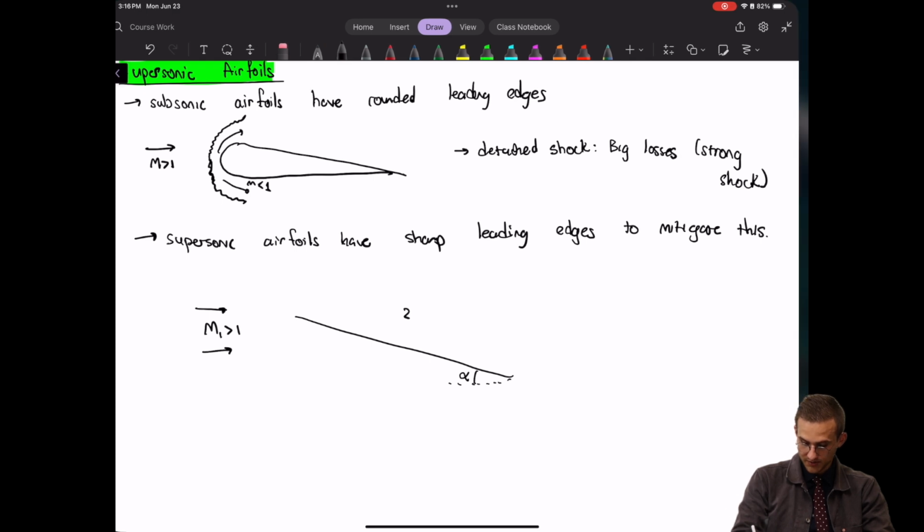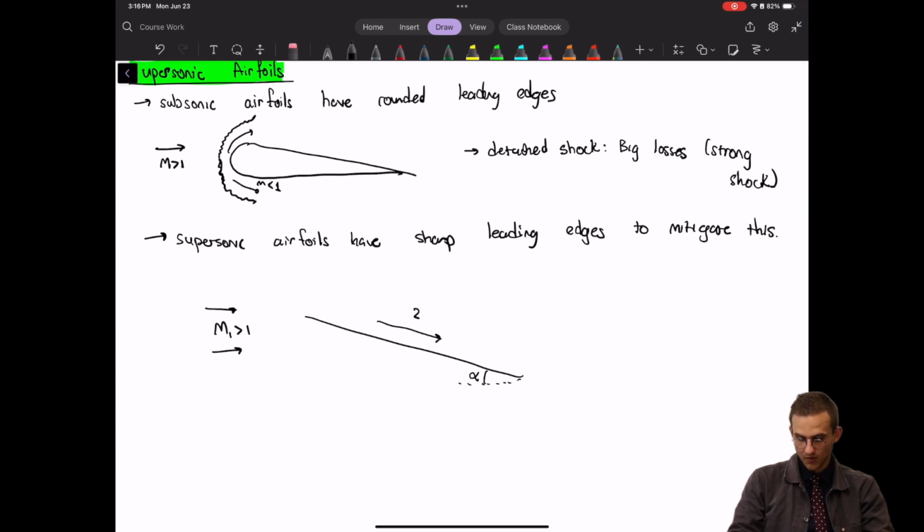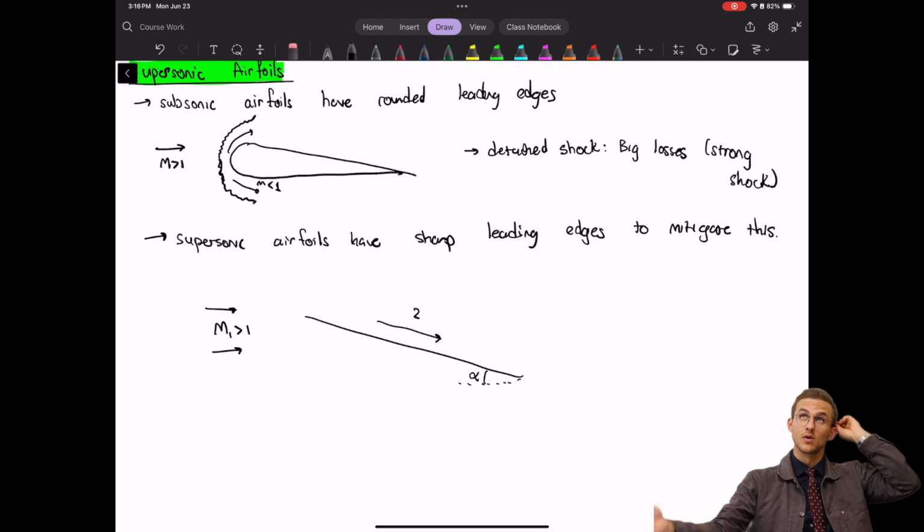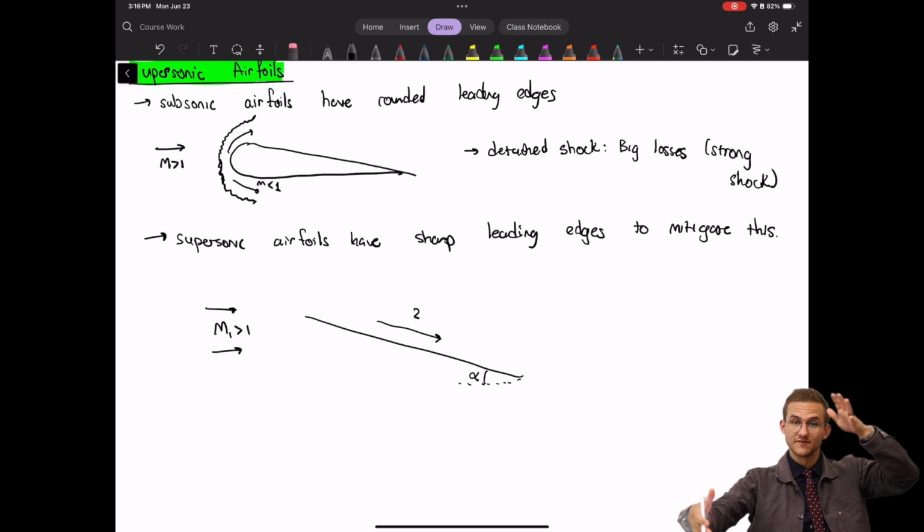I'll tell students, is the flow turning down into empty space? In which case, you can think of it as an expansion process. The pressure ought to be lower if the flow is expanding to fill empty space.